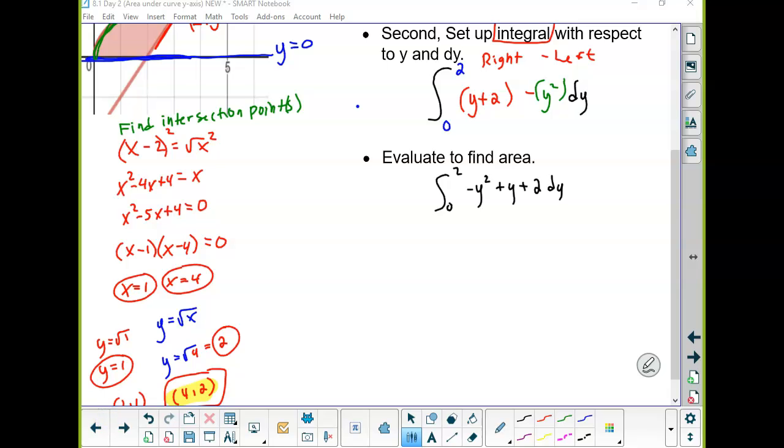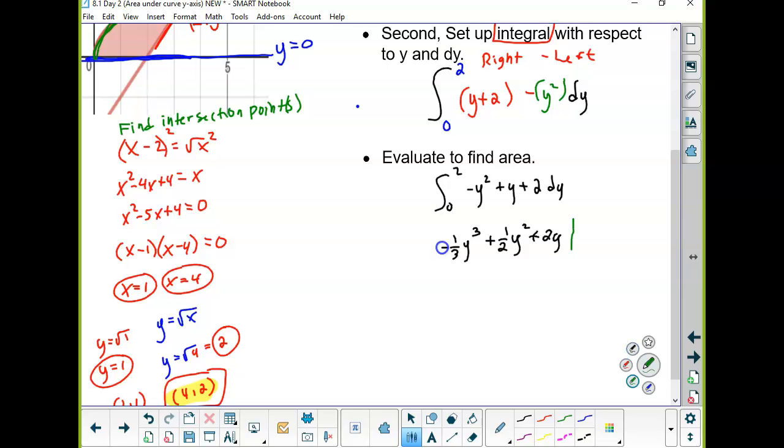So I like to rewrite it so this minus y squared is coming first, and that way things are in order, but you definitely could just work from the original. So I'll take the antiderivative, which means I'm going to add 1 up top, so I have to put a 1/3 up front. Then I'll have a y squared, so it's a 1/2, and then I've got 2y.